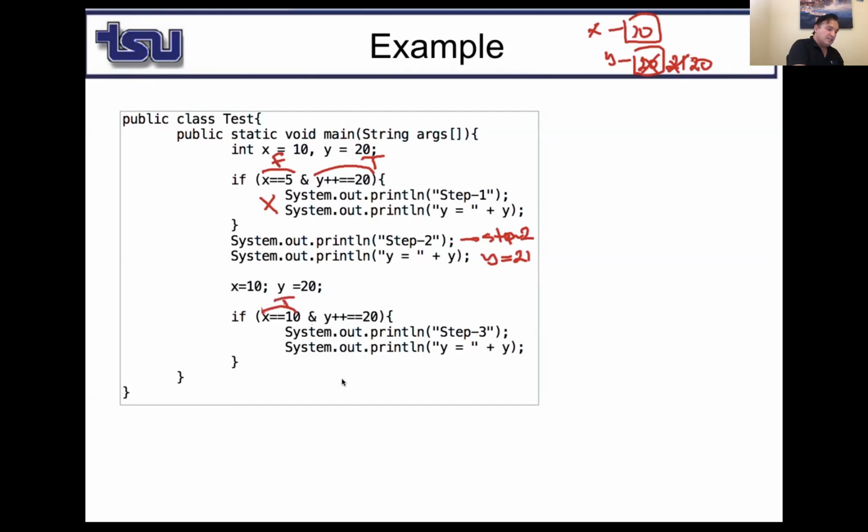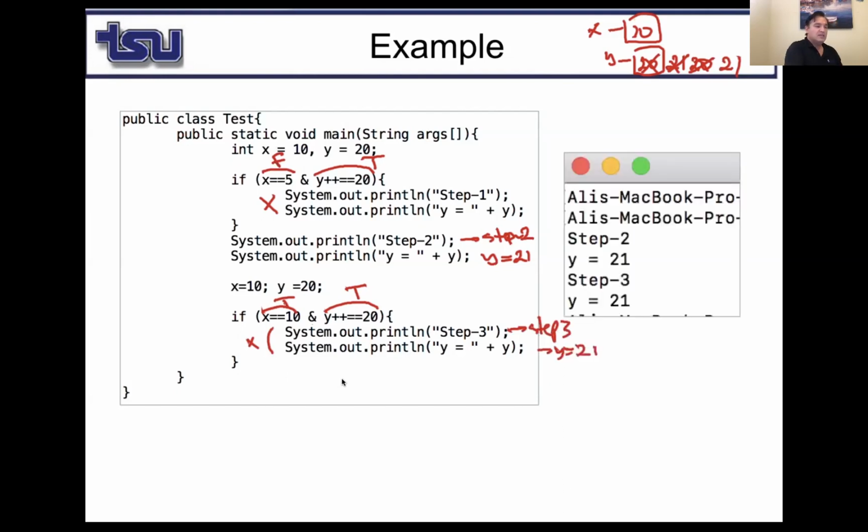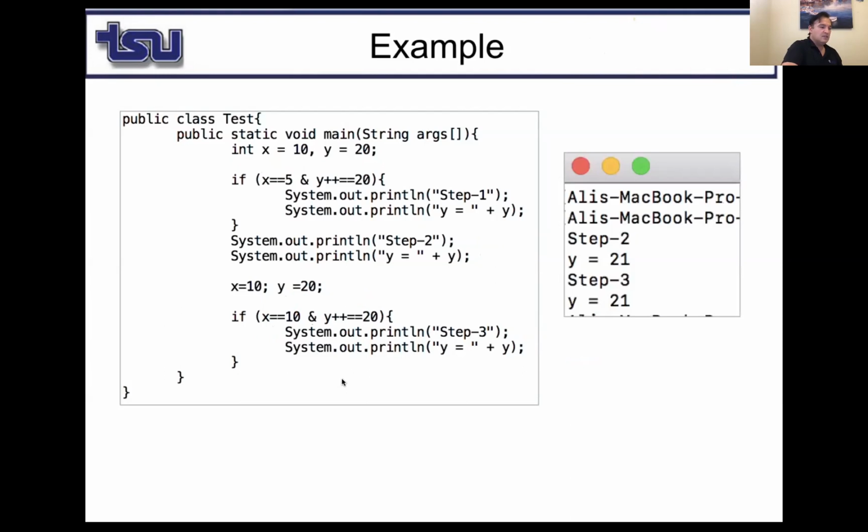And this is single, so I will definitely go and check this one. This is also true. And then increase y by 1. y becomes 21. True and true. I go inside. It will print step 3, and then y is equal to 21. Okay. So all those statements will be what? Executed for us.